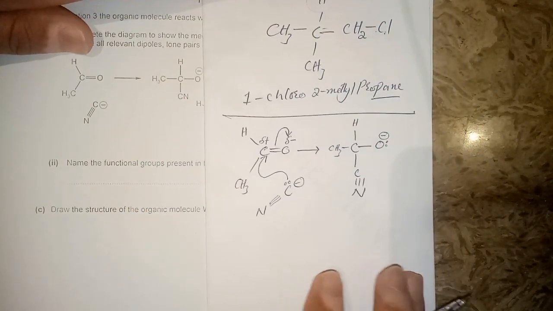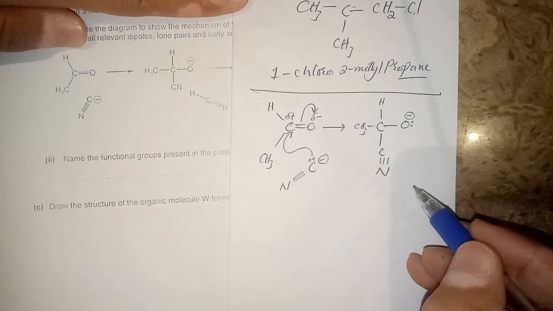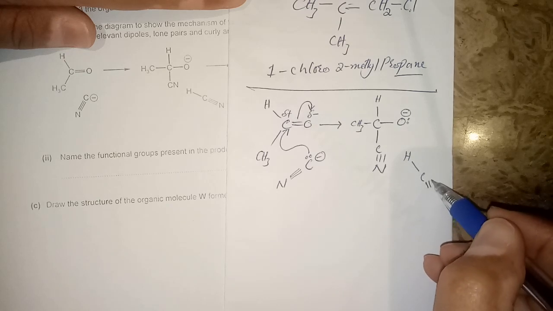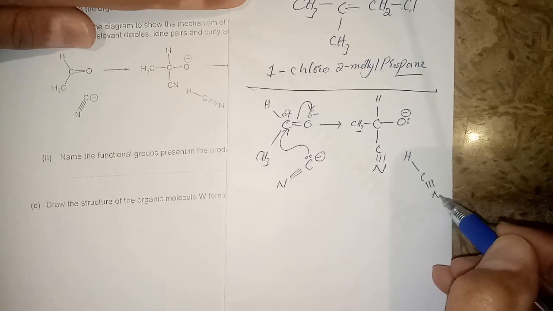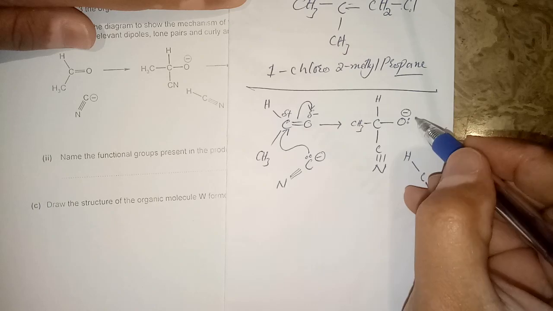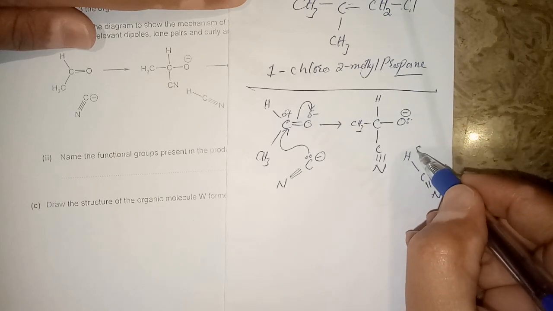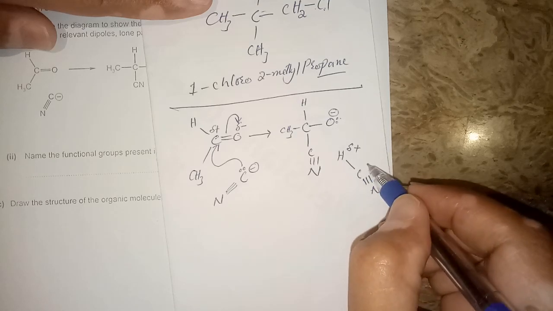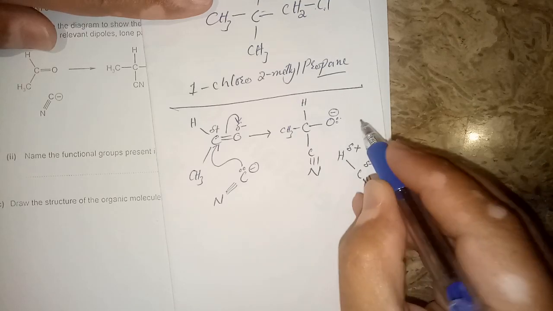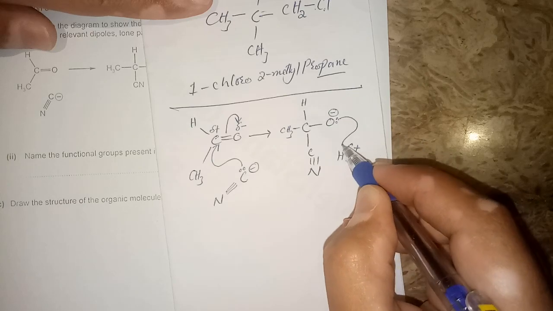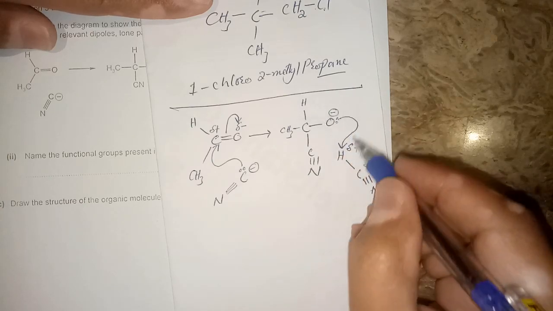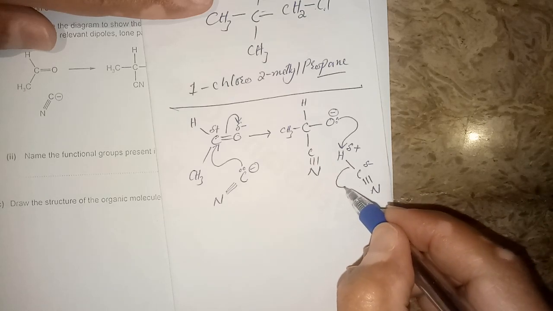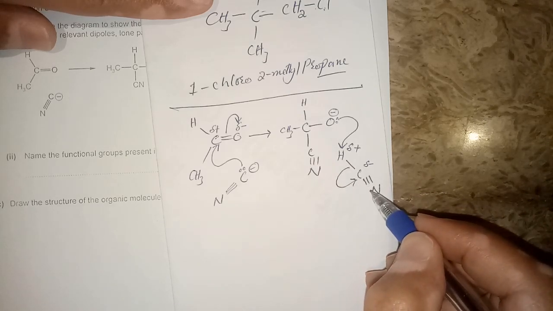It's your choice. Then further it is mentioned here H that is bonded with C that has a triple bond with N. So you have to show the lone pair. Prior to this you have to mention the partial positive charge over here and the partial negative charge over here. Using a curly arrow, this electron pair attacks the hydrogen ion, and the carbon atom will pull out its electron pair.